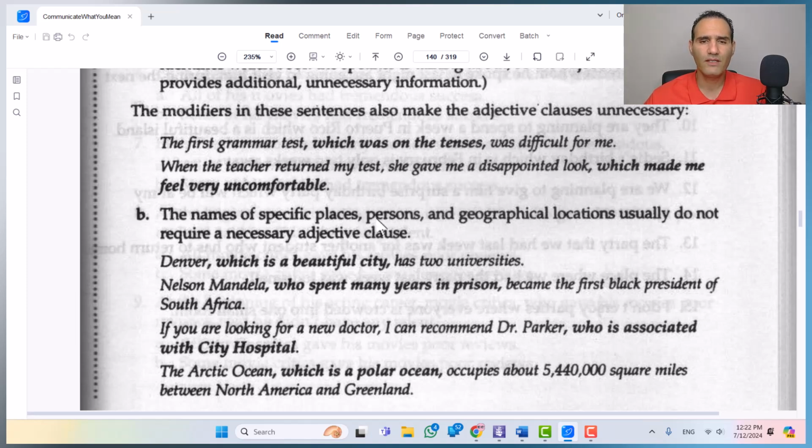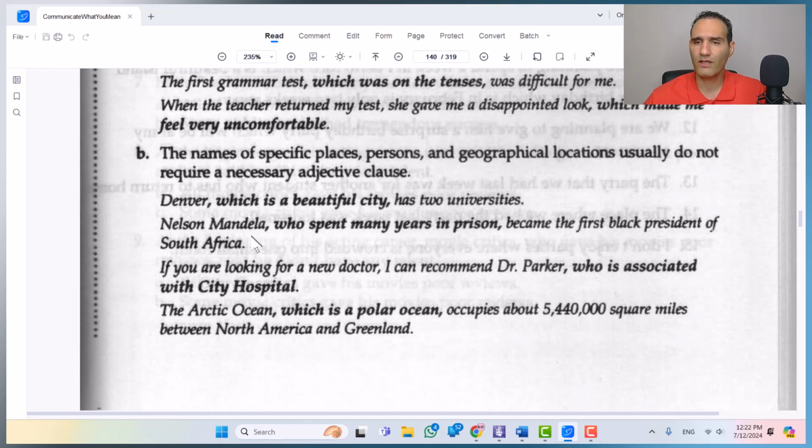Some specific names of persons, places, geographical locations that are specific, again, unnecessary adjective clause. Denver, one Denver. So, unnecessary adjective clause. Nelson Mandela. If we had two Nelson Mandelas in history, then the adjective clause would be necessary.